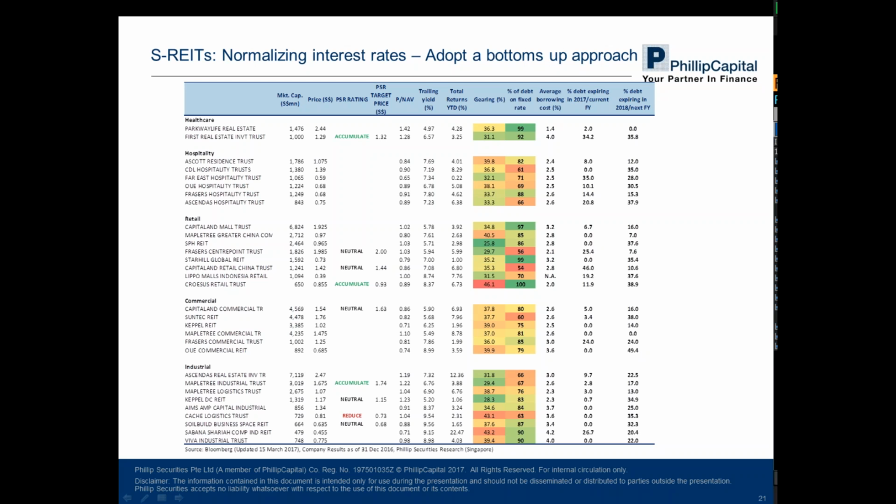Look at Hobby, discount is still 45%. UOL as well, discount is still 30%. So despite the rally, even though technically there may be a bit of exuberance in the very short term, in the long term we have a 1 year target price, and we still think there is room for upside on a 1 year horizon basis.